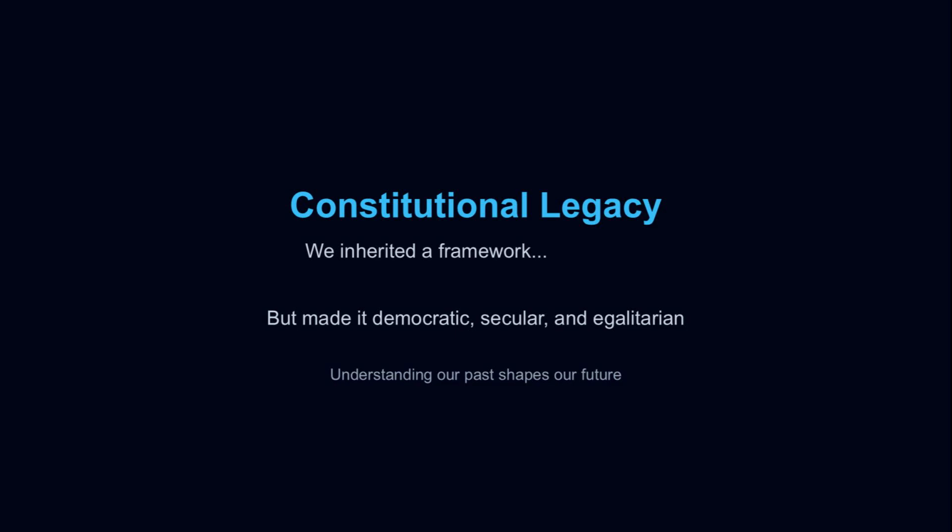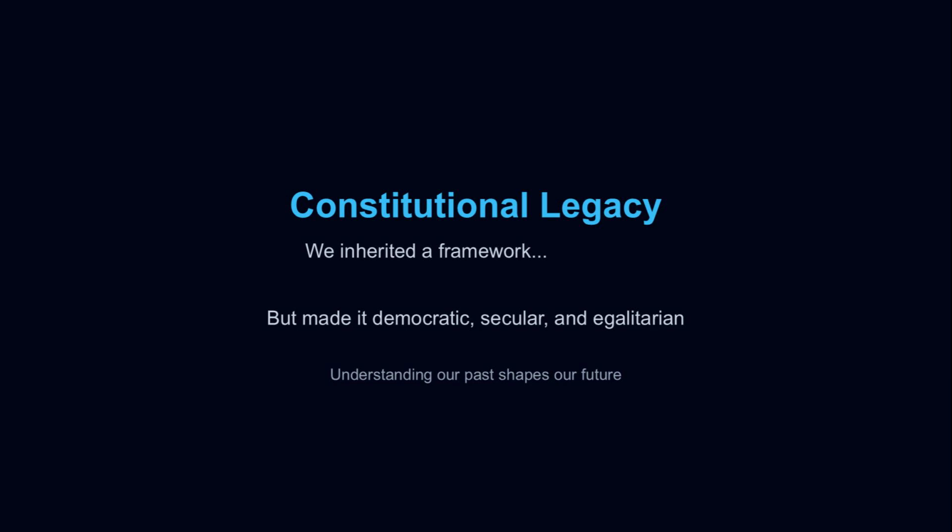But we transformed it. Where the 1935 Act proposed federation for imperial control, our constitution uses federalism for democratic governance. Where the 1919 Act limited voting rights to property owners, we granted universal adult suffrage, one person, one vote. Where British acts maintained hierarchies, our constitution proclaims liberty, equality, fraternity.